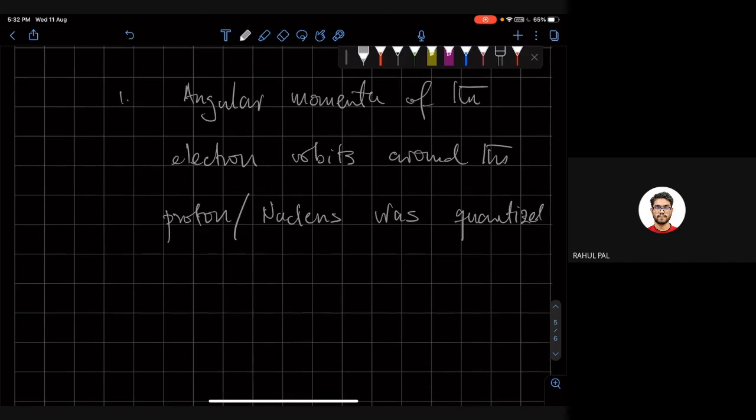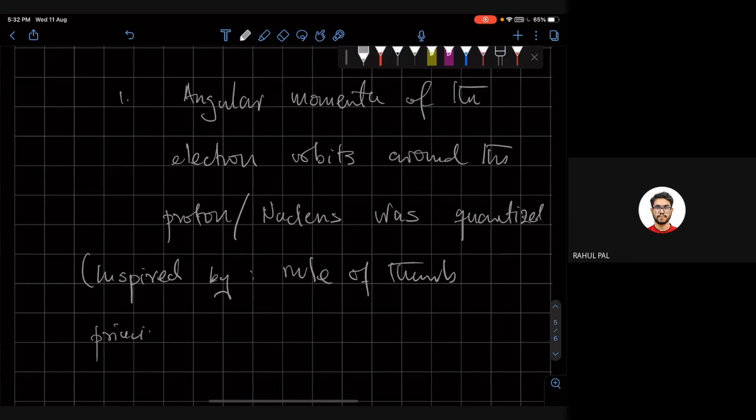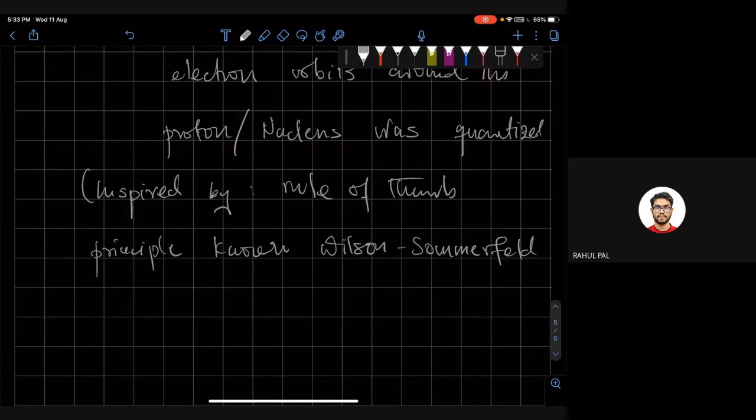And this was inspired by a kind of rule of thumb principle known as the Wilson-Sommerfeld quantization rule.